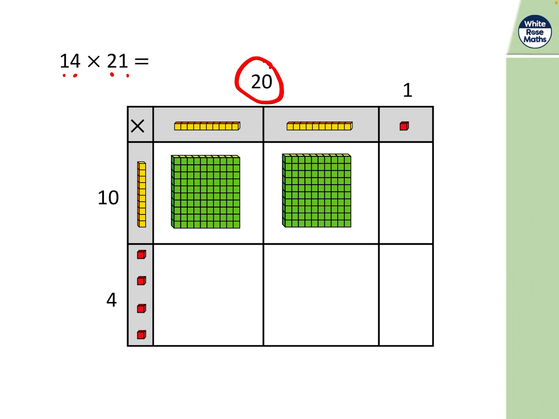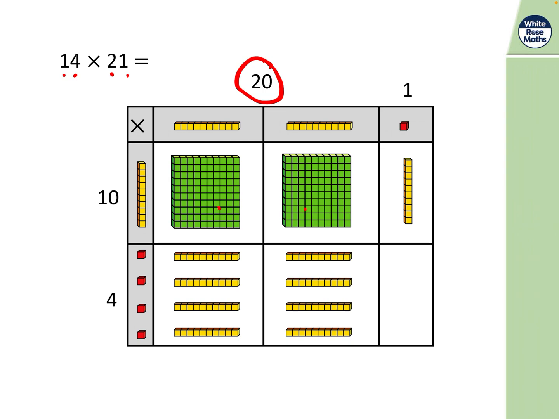So we take this, 10 times 10 is 100, 10 times 10 is 100, so that must mean 10 multiplied by 20 is the 200s. And we know that from when we were multiplying by 10, 100 and 1,000. And of course we've got our 10 multiplied by 1. Next up we've got our 4 lots of 10, and another 4 lots of 10, and then 4 lots of 1.